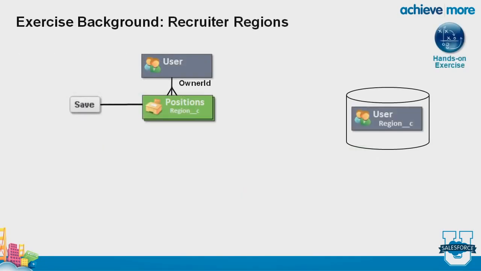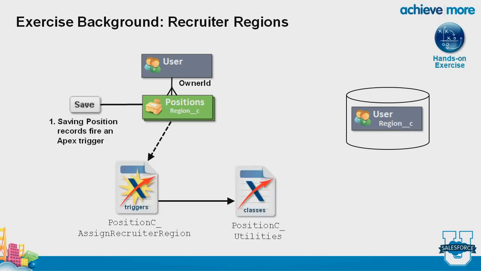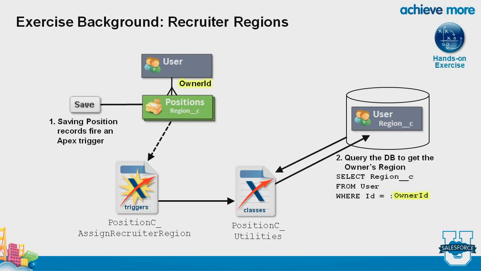All right, and now we're going to do the first exercise. But before we do that, let me tell you what the exercise is all about. We have a trigger that fires when you create a position. The trigger, position C assign recruiter region, calls a utilities class, which goes into the user's table.